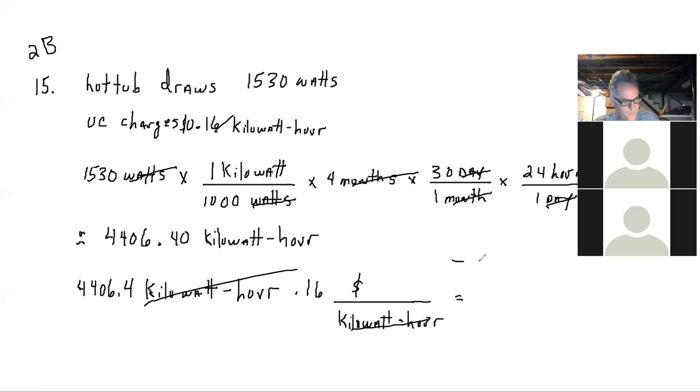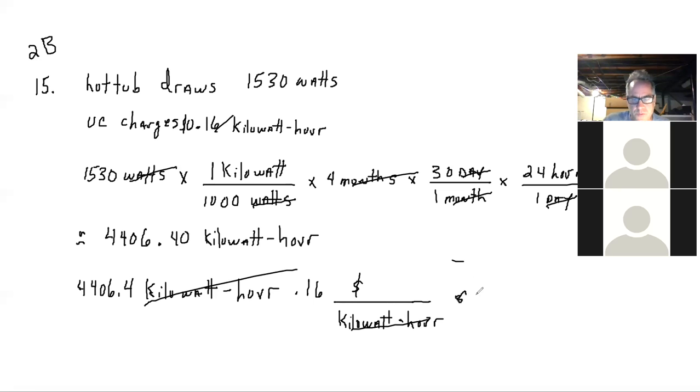I'm going to punch the numbers on that real quick. 4406.4 times 0.16. All right. And you're going to round this to the nearest whole number.